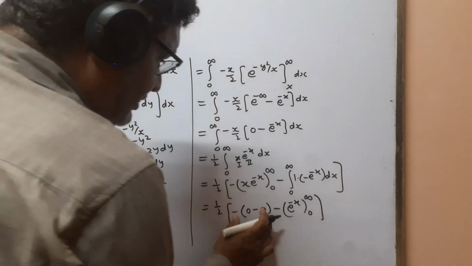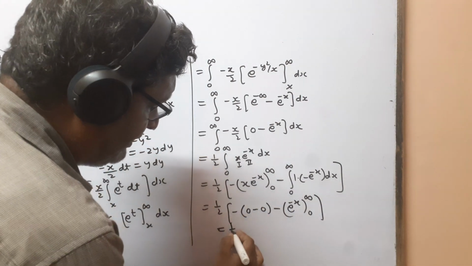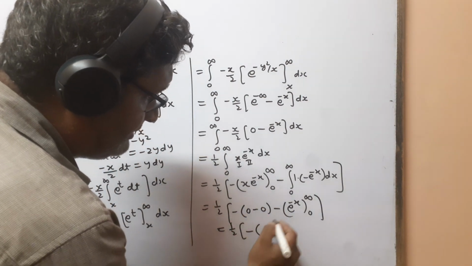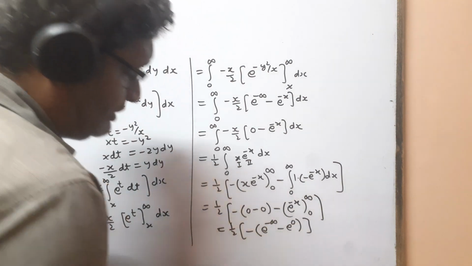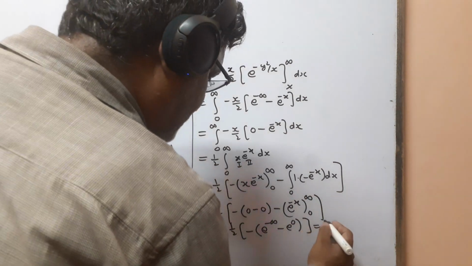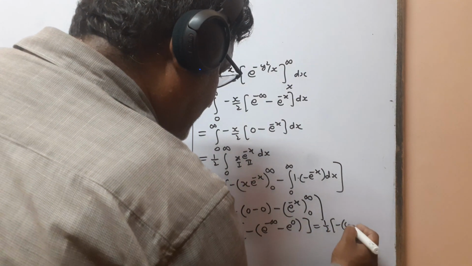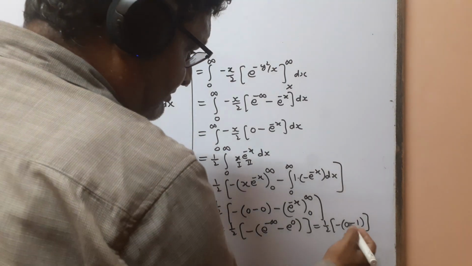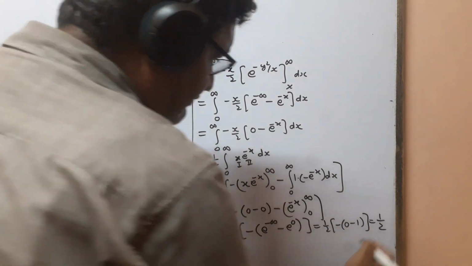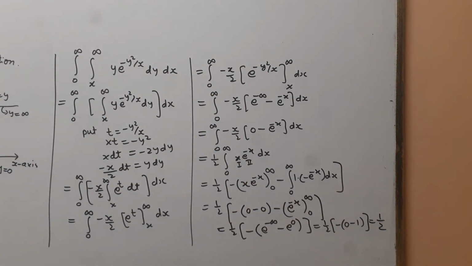Now this term is 0 here. Now we can see here minus, applying upper limit minus lower limit. So e to the power minus infinity is 0 here, and e to the power 0 is 1 here. So this minus minus plus, so this gives 1 by 2 here. So the limit is 1 by 2 here.